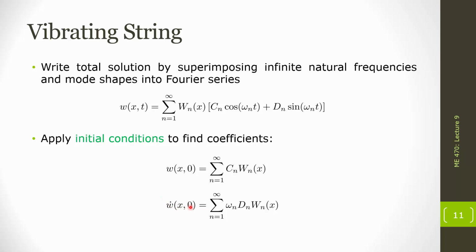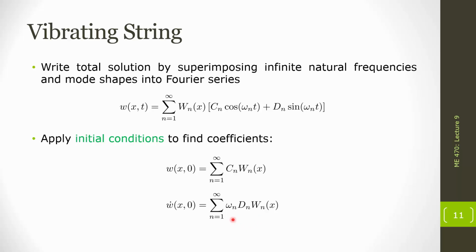The initial positions will give us the Cn value, and the initial velocities will tell us the Dn value. We're going to be using the eigenfunction that we just came up with in the previous step from our boundary conditions, and potentially we're going to be using those natural frequencies as well when we are doing our velocity calculation.